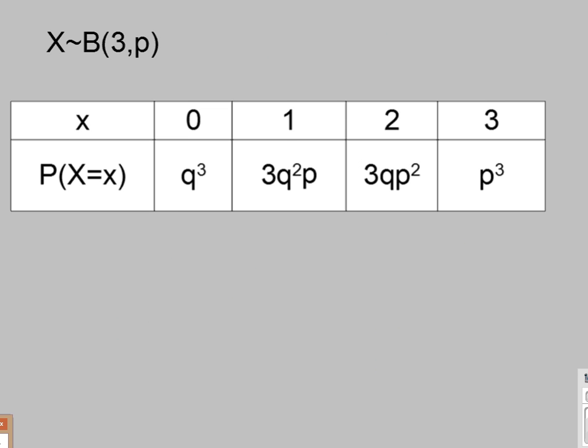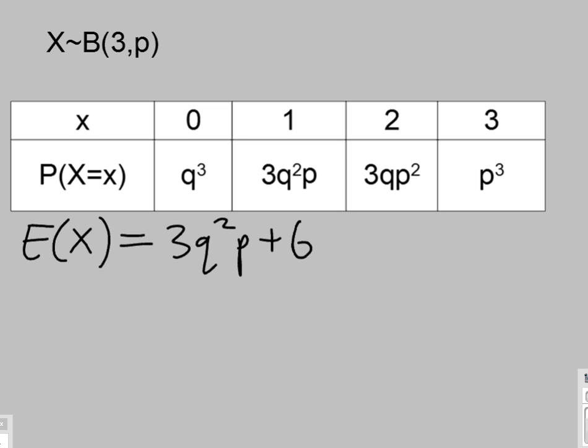Same thing for 3 trials. I'll pause for you to do this one. Same again. I'll just do this quicker. 3q squared p plus 6qp squared plus 3p cubed.